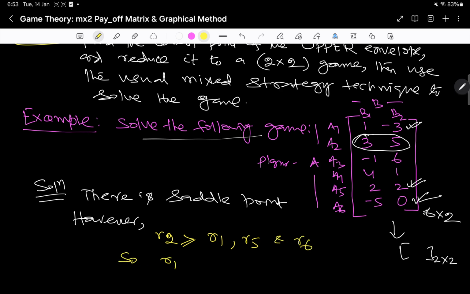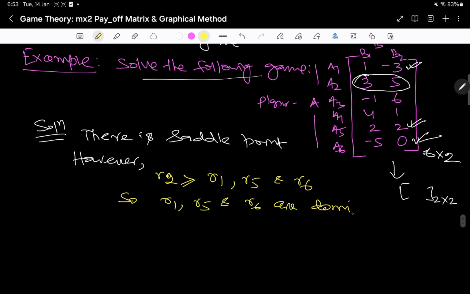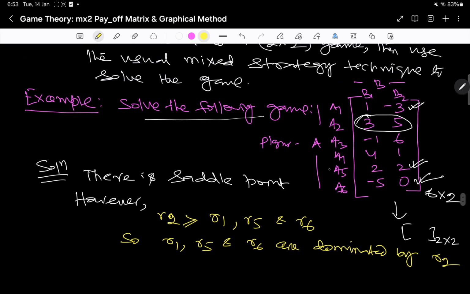So row 1, row 5 and row 6 are dominated by row 2. So we just omit it. We just delete this, and we just delete this.